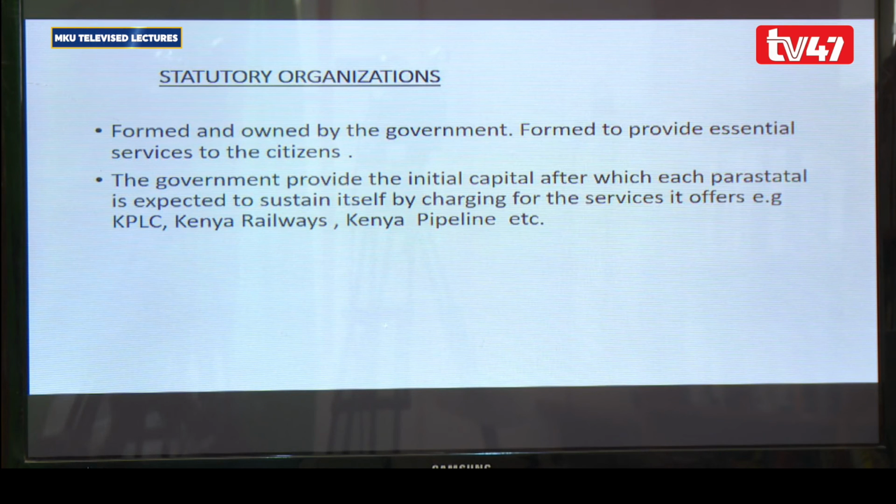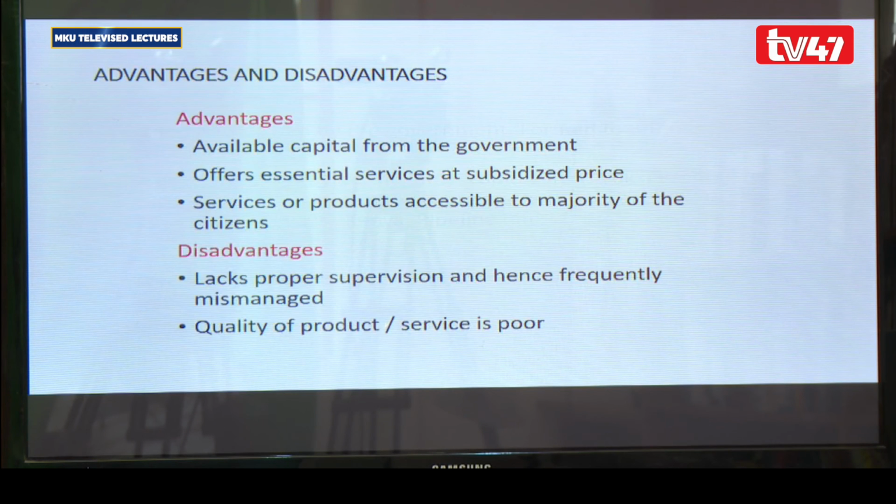Not every time the government pumping in capital. After providing, it is expected that they are going to stand on their own and operate. We have examples like KPLC, Kenya Power and Lighting Company. We have the Kenya Railways, the Kenya Pipeline, etc. We have a number of them in Kenya. And basically the reason why the government will form such organizations is to provide essential services to the citizens.